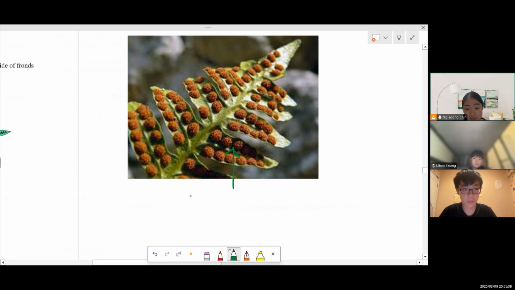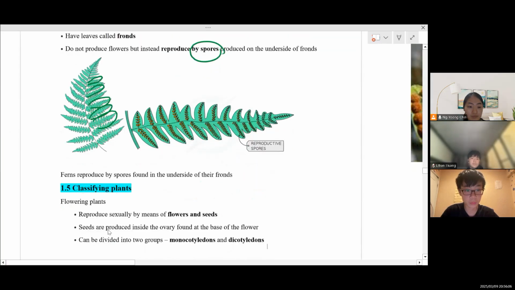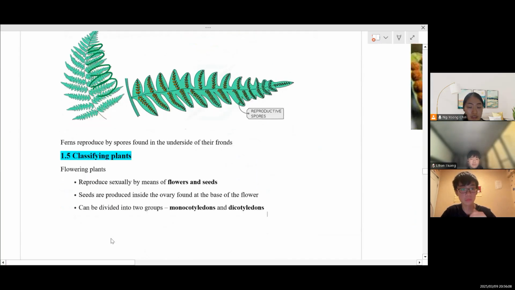Usually when you see the formation of spore in the organism, they are referred to as asexual reproduction, because asexual reproduction does not involve female or male gametes, right? Yeah, so this is the fern.